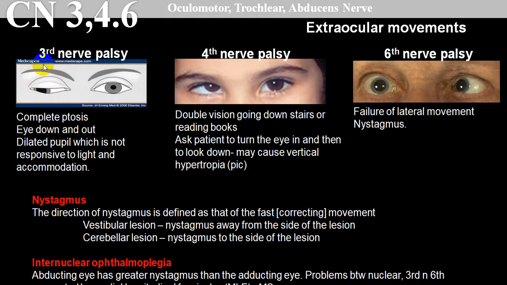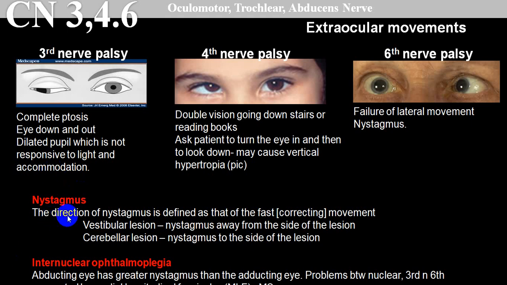Superior oblique takes part in moving downwards and outwards. So the eyeball will move laterally downwards. Complete ptosis, eyeball downwards and outwards. The pupil will be dilated and will not react to light. Also the accommodation reflex will be absent because you cannot move the eyeball medially. So accommodation response will also be affected.